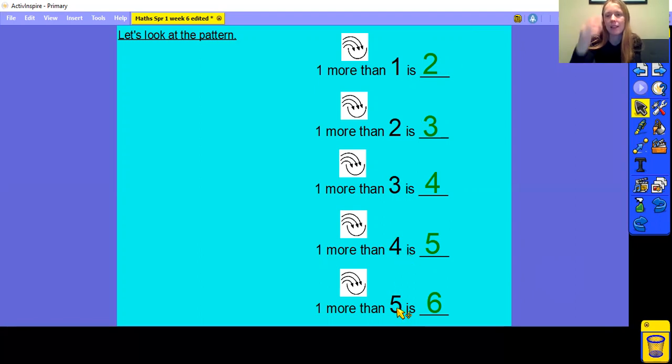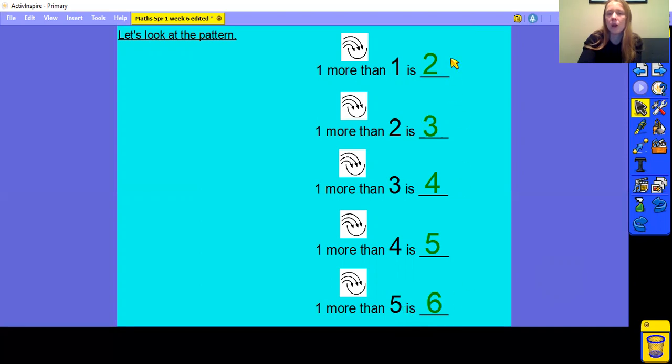I have a pattern there. My numbers are in the right order, just like when I count along the number line. So my numbers are 1, 2, 3, 4, 5. And when we count up our number line, we know that our numbers are getting bigger, just like these are.